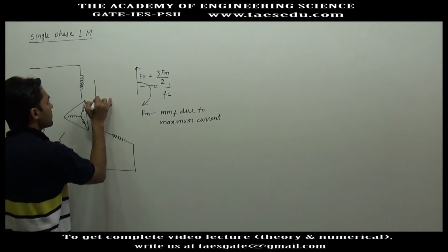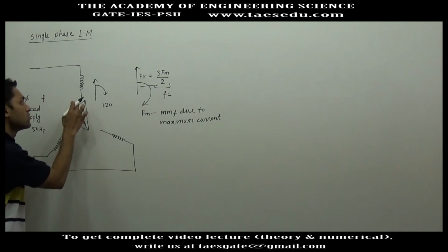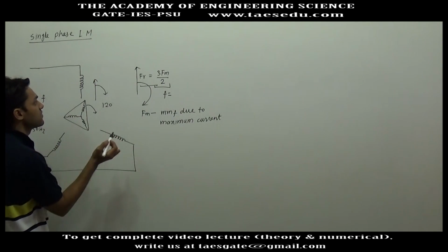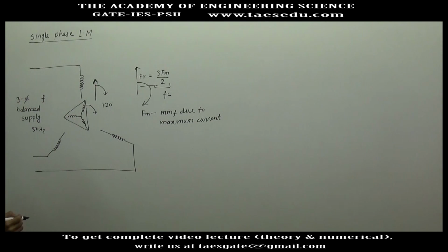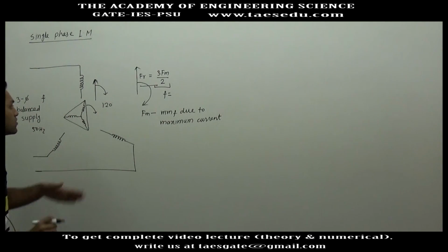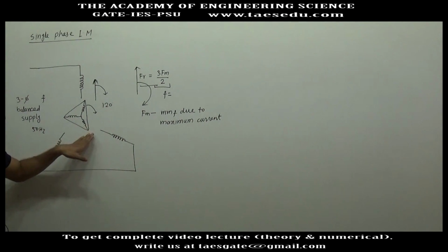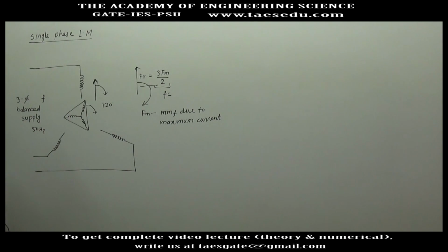So the resultant MMF will cut the rotor conductor, and the rotor will rotate in such a direction so as to reduce the relative speed between resultant MMF and rotor conductor. So the main cause of rotation of three-phase induction motor is the rotating stator MMF.